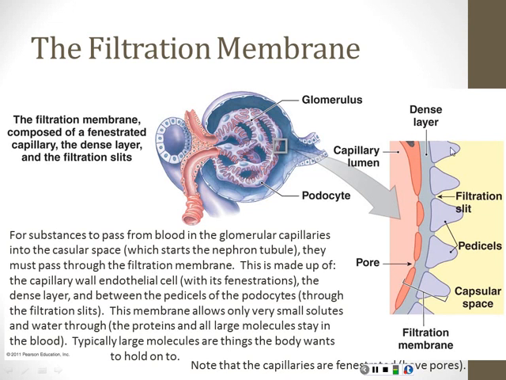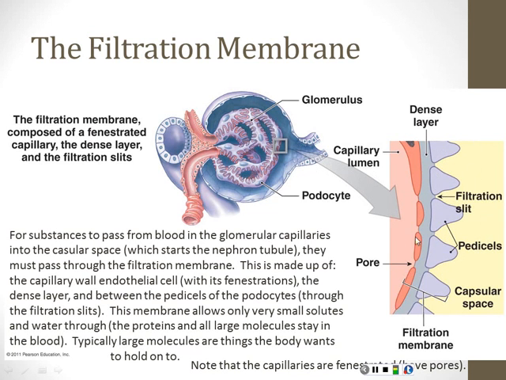And then the last piece is these triangle-shaped things here. Those are the pedicels. So we've zoomed in, and what we're seeing is that we have the pedicels of one cell and the pedicels of another, and they interlock, which means that the gap between them is a little slit, right? So in our picture here, where you see red, that's a filtration slit, like we see here.